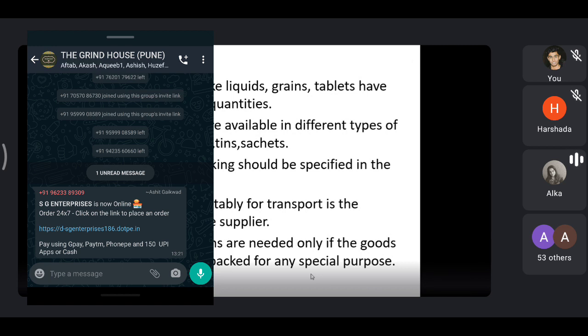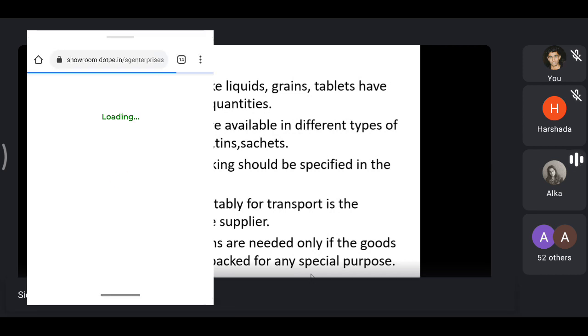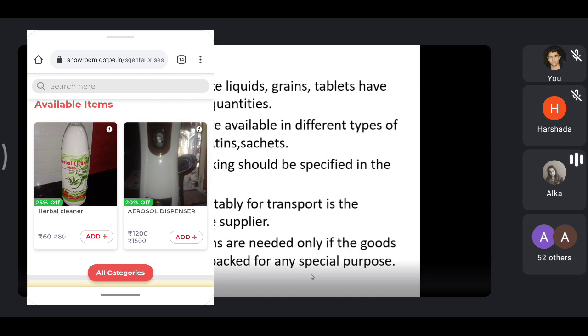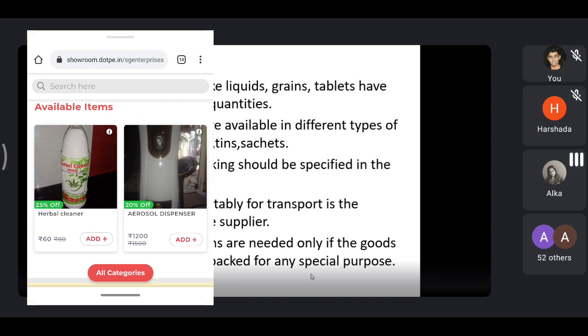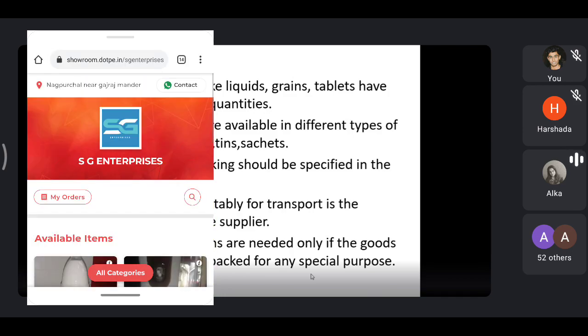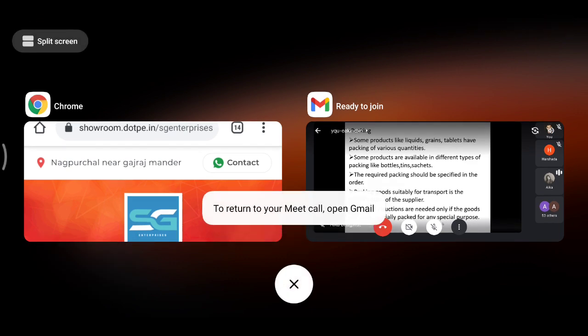You can go and check that, and see how she writes it. That is exactly the way which is expected in a letter. So buyer's instructions are needed only if the goods are to be specially packed for any special purpose. If you need any specially packed things, then you will write it in a paragraph. But otherwise, everything goes in a tabular form.